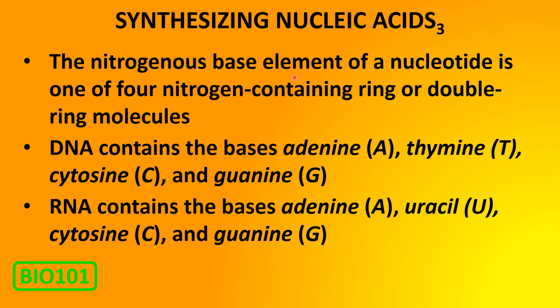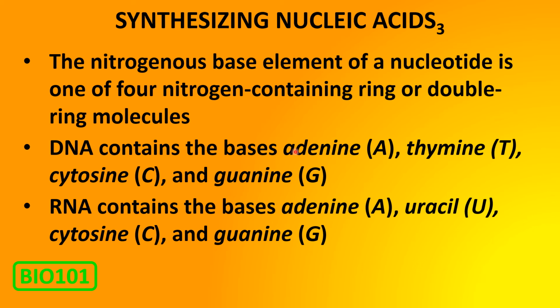So the nitrogenous base element of a nucleotide is one of 4 nitrogen-containing ring or double ring molecules. Now, as we get into the second half of this chapter, building DNA and RNA, it's important to remember the nitrogenous bases. So DNA, deoxyribonucleic acid, contains deoxyribose as its sugar.